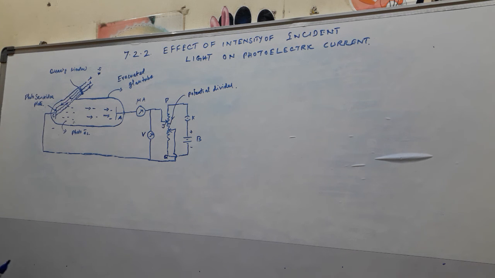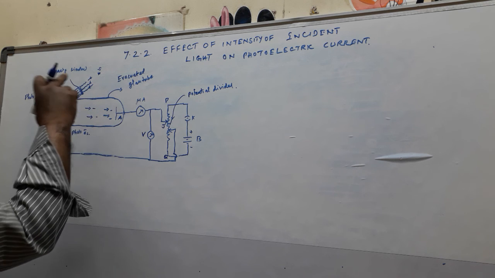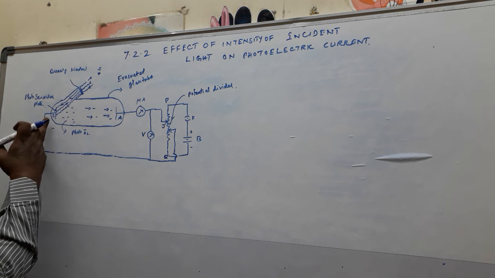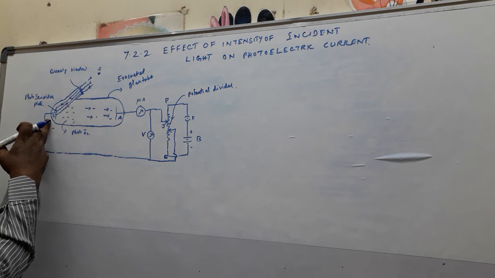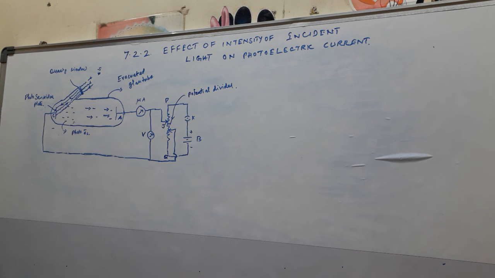Now, when we allow the photo rays, that means the incident ray of ordinary light or electromagnetic ray or ultraviolet rays, whatever it may be, to hit the surface of the cathode, then there may be ejection of electrons.